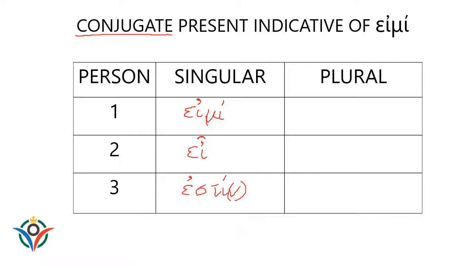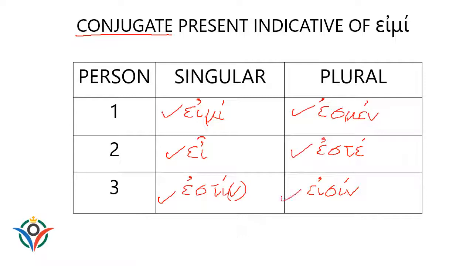And then the plural forms, we have esmen, second person plural, este, and third person plural, eisin. All right, so one more time, let me say this for you. Eimi, ei, estin, esmen, este, eisin.